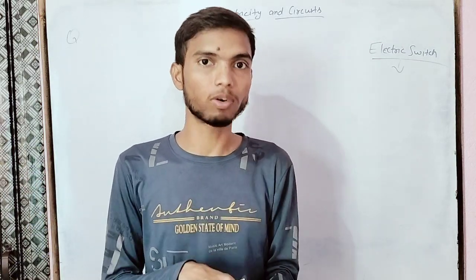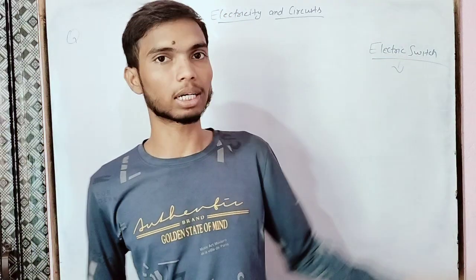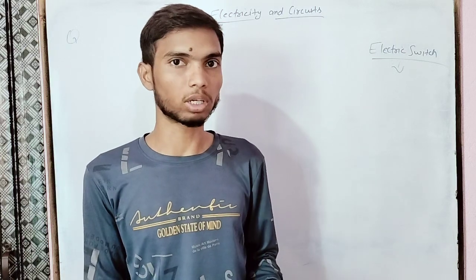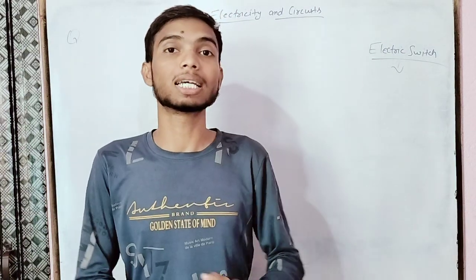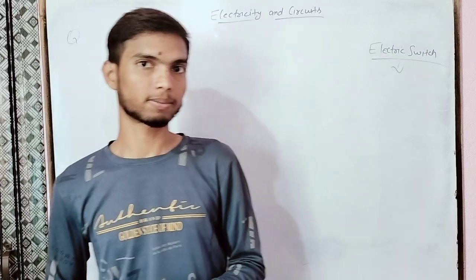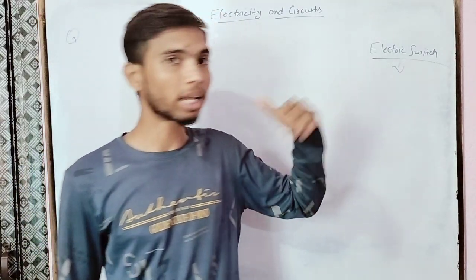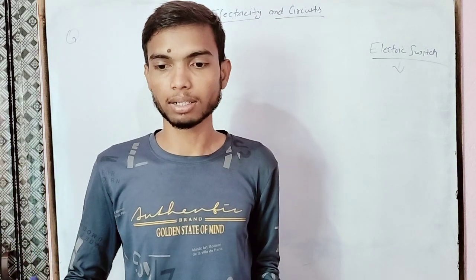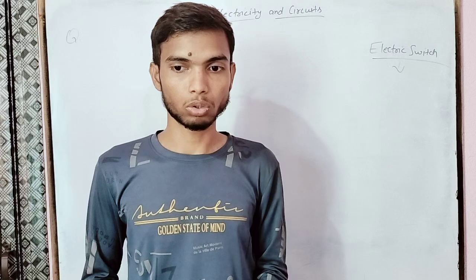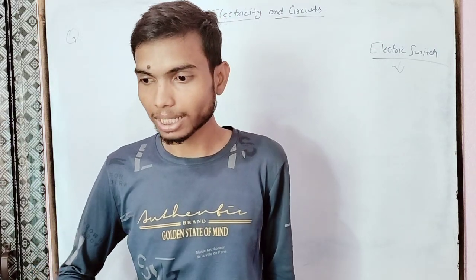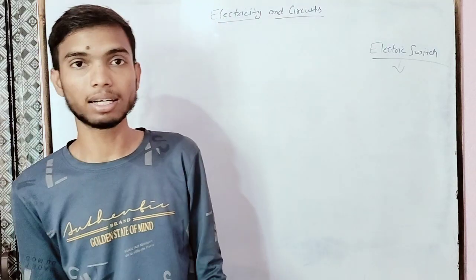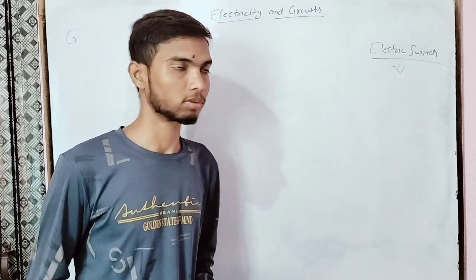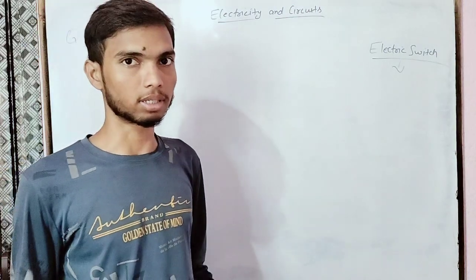Both these works are of the electric switch, and it is important to have an electric switch with an electric circuit. It protects us from a naked wire, so that we cannot get attached to a naked wire. Okay, it protects us.